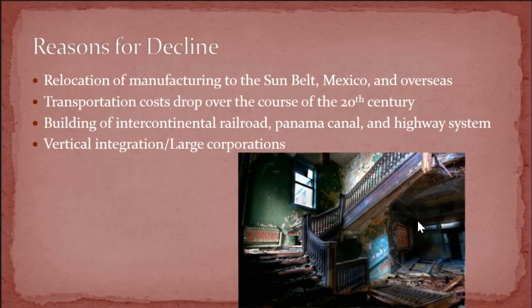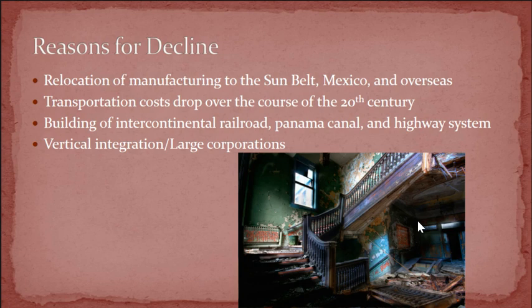Okay, so why did this happen? Well, part of it has to do with relocation of manufacturing to places like the Sun Belt, Mexico, and overseas, right? Some people will attribute some of that to unions. Some people attribute it to government regulations. Some people attribute it to cheaper labor elsewhere, to more access to supplies, to more economical shipping in other places.